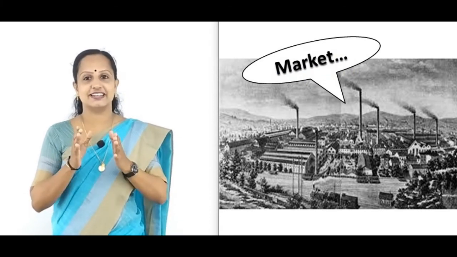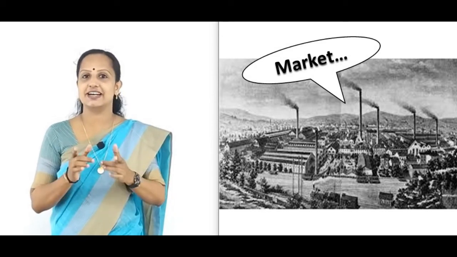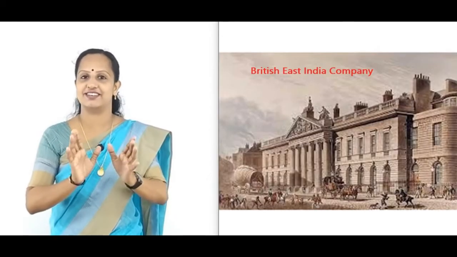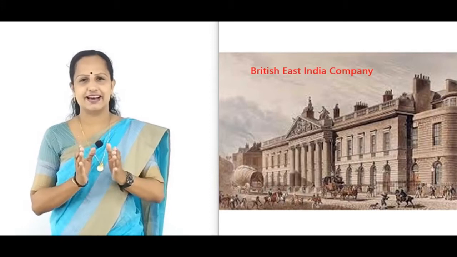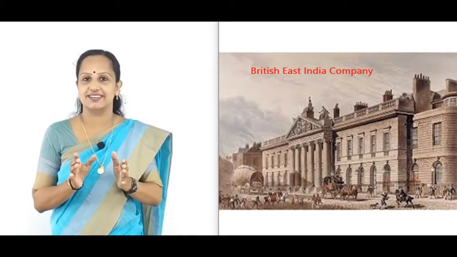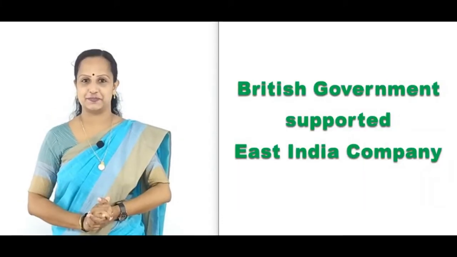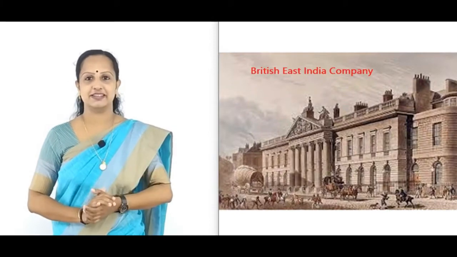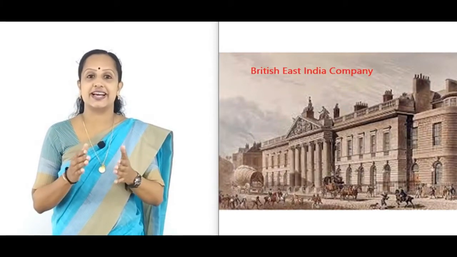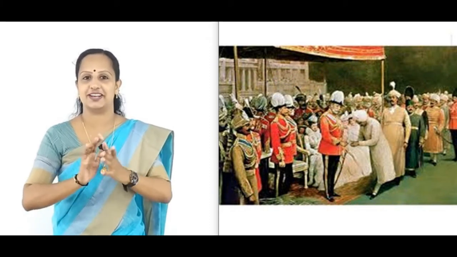England succeeded in controlling trade with India and established the East India Company in the 1600s. Gradually, the company expanded its trading network and received great support from the British government. With its help, England was able to extend her territorial frontiers to the Indian subcontinent.